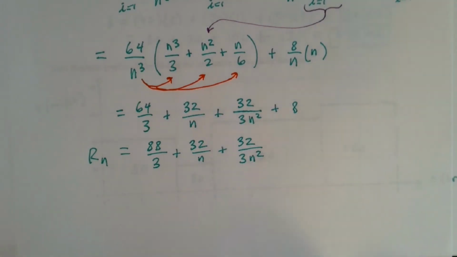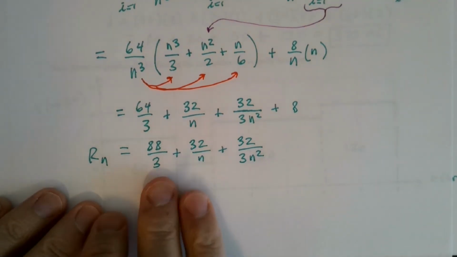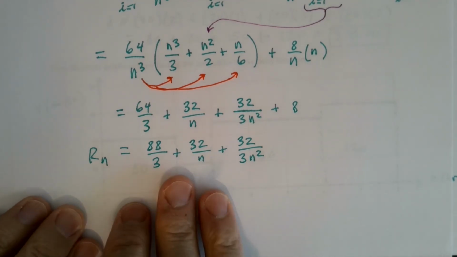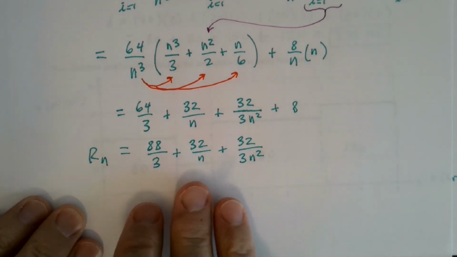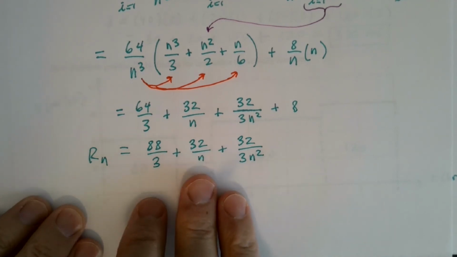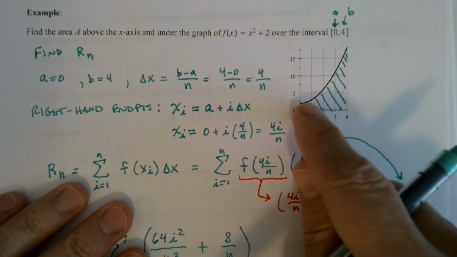You can approximate that. But what we are saying then is that this approximation, this right-hand sum approximation, this R sub n, as n gets bigger and bigger, is going to approach the actual area under the curve, if that limit exists. Okay? Because again, our function here is continuous, and it is always positive.